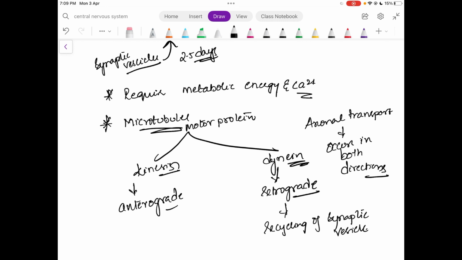This is how axonal transport will occur.